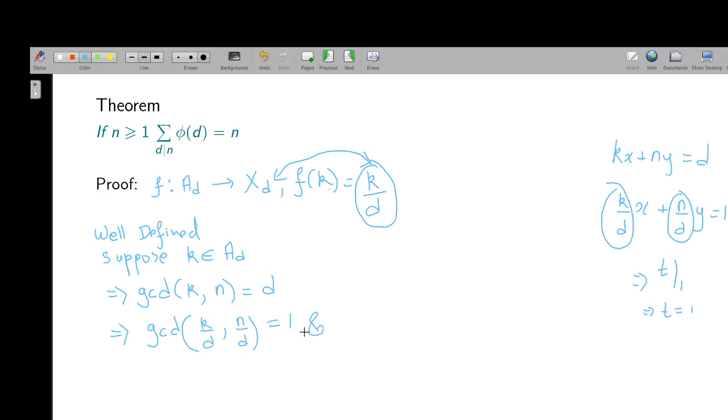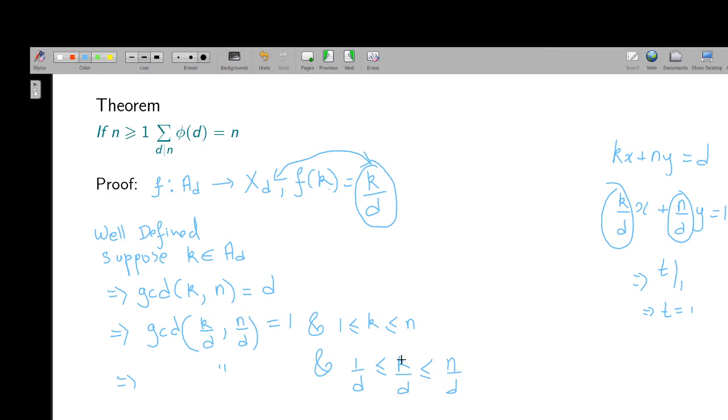Also, we know that as k lies in Ad, k lies between 1 and n, which means that this will hold true, and dividing throughout by d, we will get 1 by d is less than or equal to k by d less than or equal to n by d.